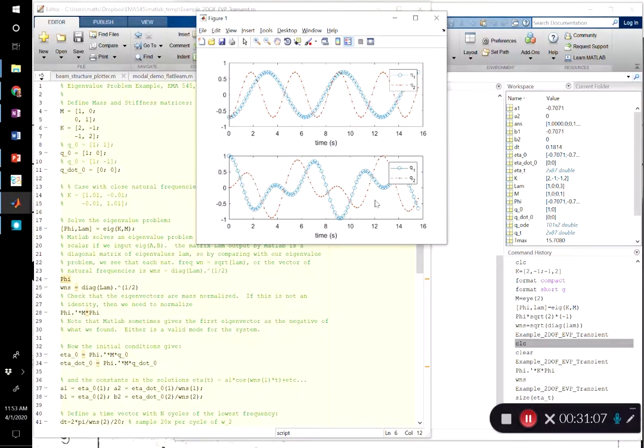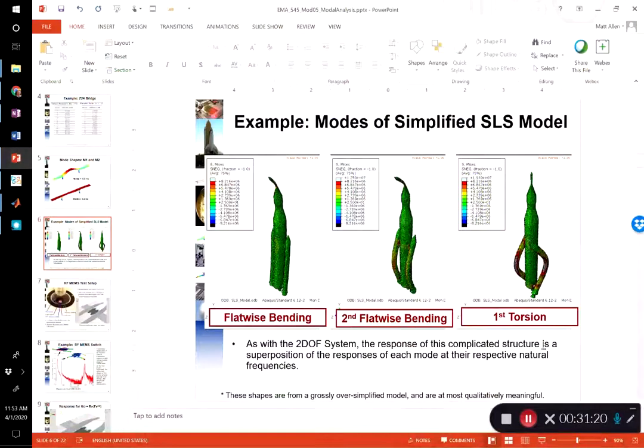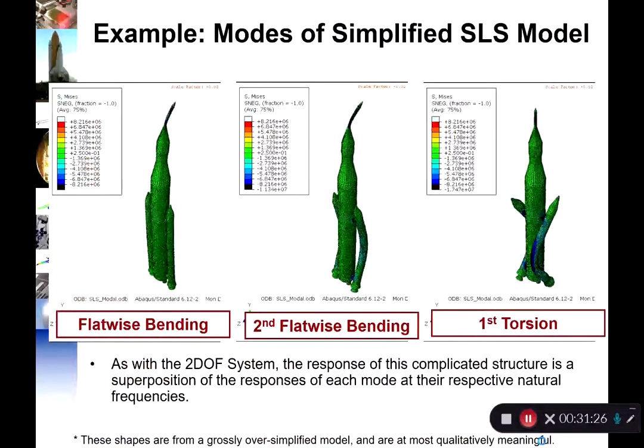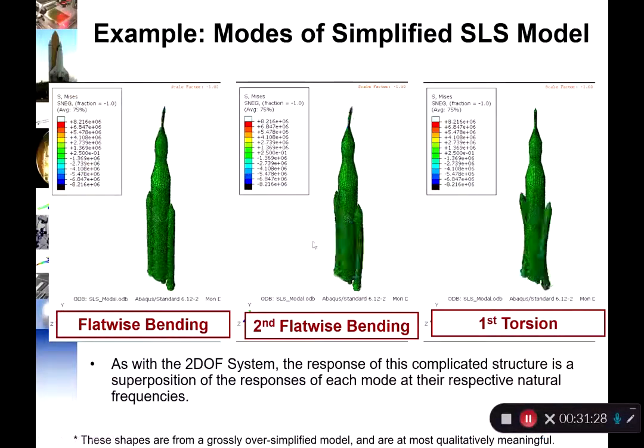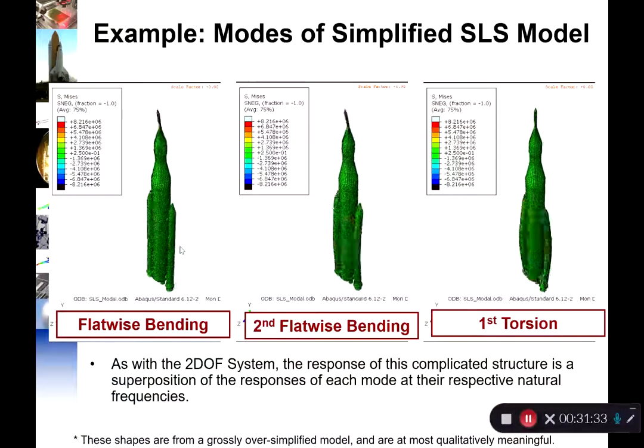So we can take something really complicated like that, and we can break it down into these simple motions. So that's the power of modes and modal analysis. And again, that holds for simple systems, and it also holds for really complicated systems. So this is a finite element model with tens of thousands of degrees of freedom.